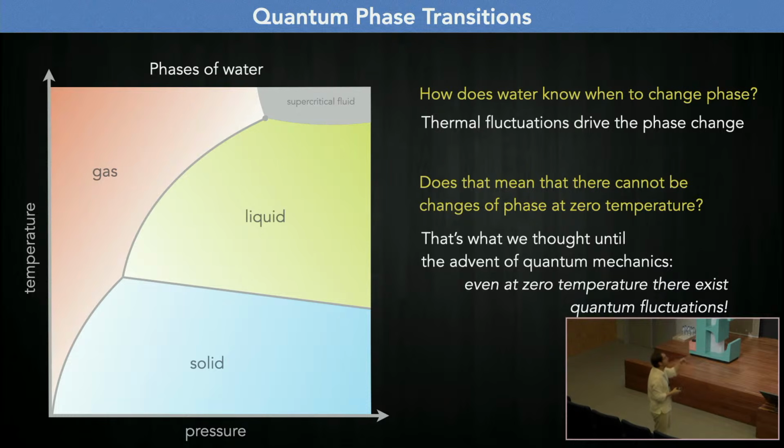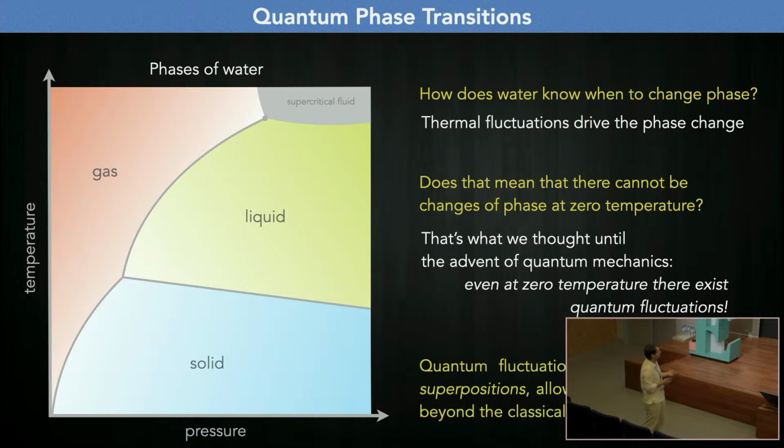So quantum fluctuations can also drive phase transitions, not only thermal fluctuations, okay? In particular for low temperatures, in particular for 0 temperature, quantum fluctuations are the driving mechanism for phase changes.